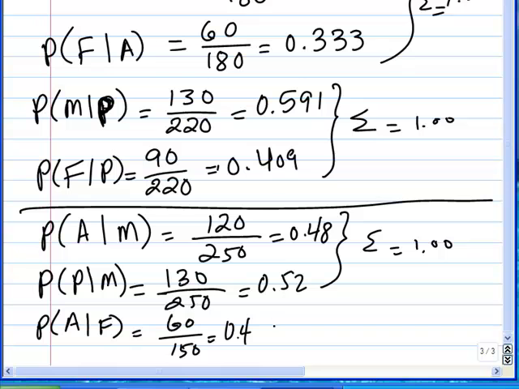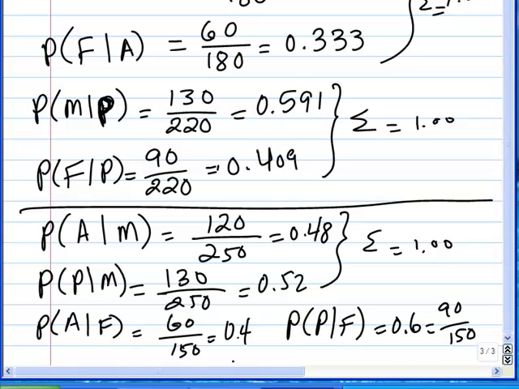And one more, the probability of buying a car because of its performance, given that you're a female, and that would be the complement of this 0.4 that we just computed, which would be 0.6, but we can also compute it to be 90 over 150, which is the total number of females in this study.